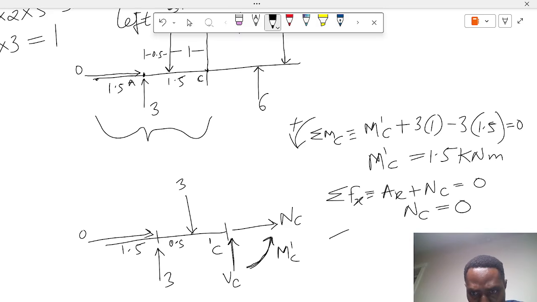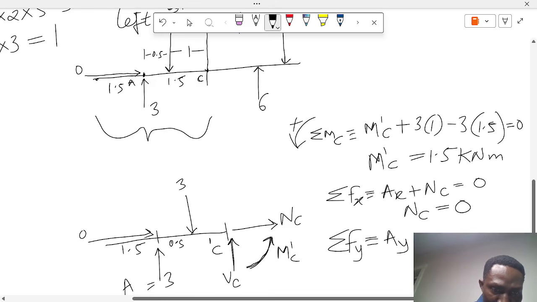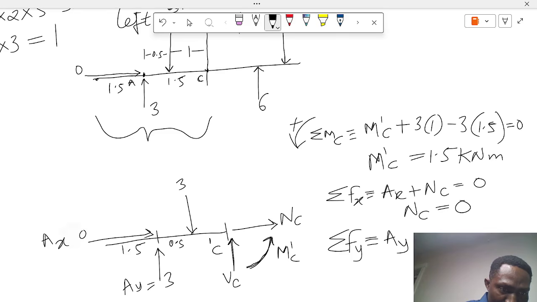The final one is the sum of the vertical forces, F of Y, which is equivalent to AY, plus, minus 3, plus VC, and VC is equal to 0.